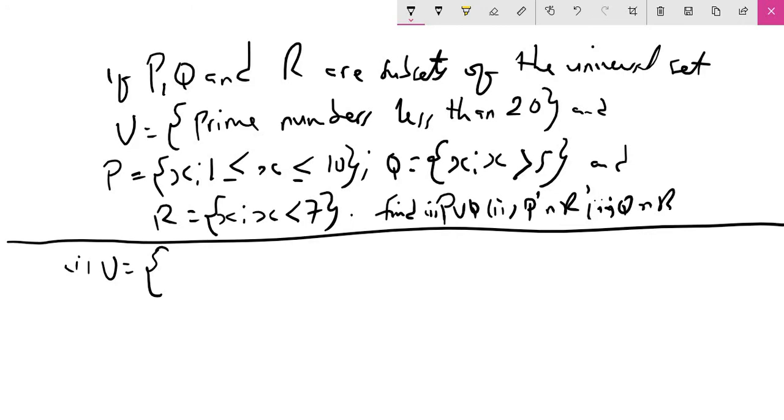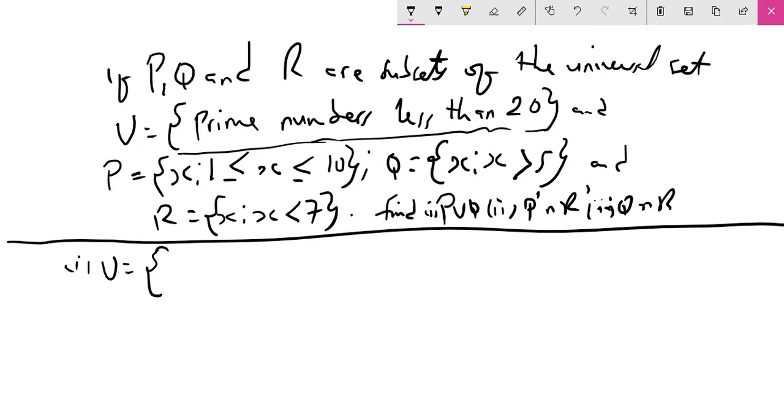We list them out. So you see that writing out the elements like that isn't the only way of representing sets. You can actually describe the sets like this without having to list them out. But in this situation, you will have to list them out anyway before you can find these more easily.